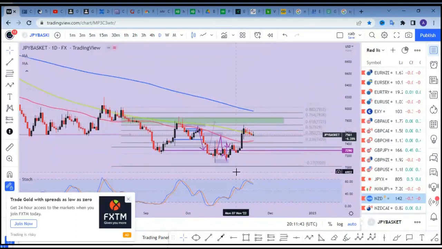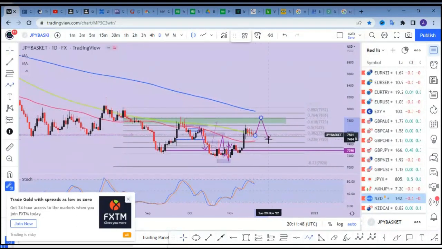This means that personally I expect price to do this, then this. So we could get to see some temporary strength in the JPY basket as well. The JPY could temporarily get stronger for about 2-3 days before we get that solid drop.